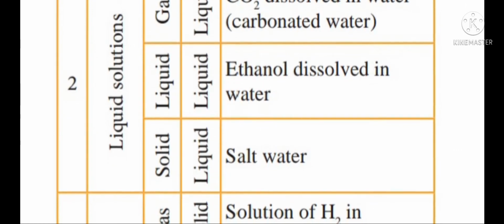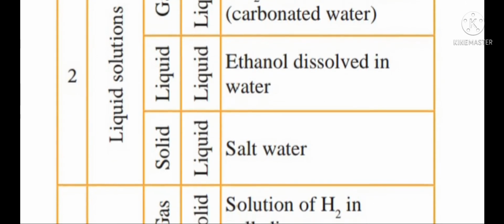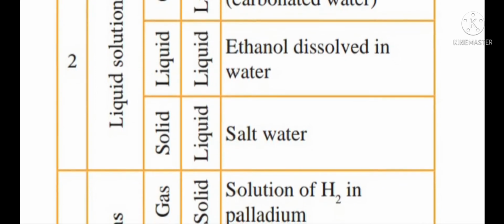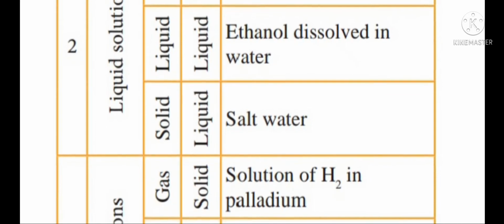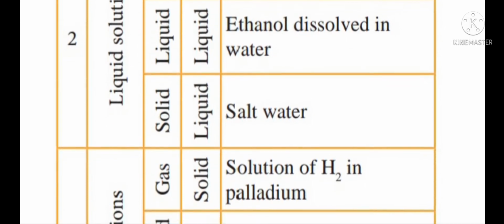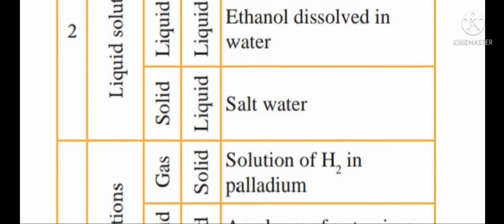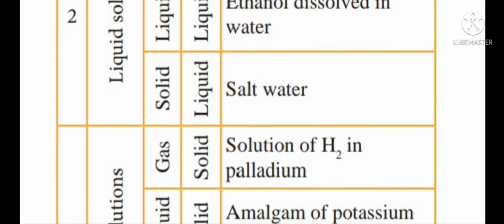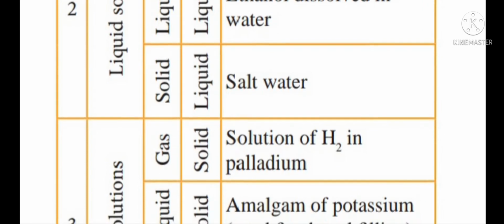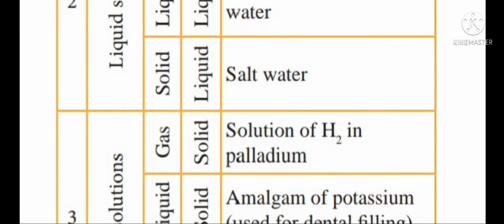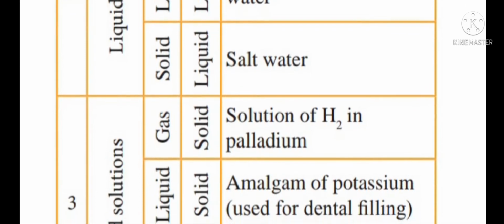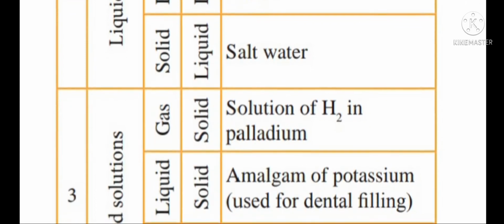Finally, solid solution. Gas solute is dissolved in solid solvent. For this, the example is solution of H2 in palladium. Next, liquid solute dissolved in solid solvent. For this, the example is amalgam of potassium, which is used for dental filling.